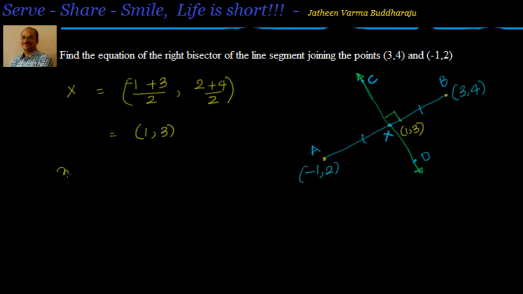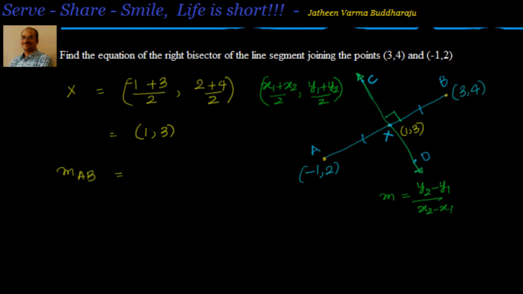Now next step, we'll find out the slope of AB. Let me just write down the formula we have used here: (x1 plus x2) by 2, comma (y1 plus y2) by 2. And what is the formula for slope? M equal to (y2 minus y1) by (x2 minus x1).